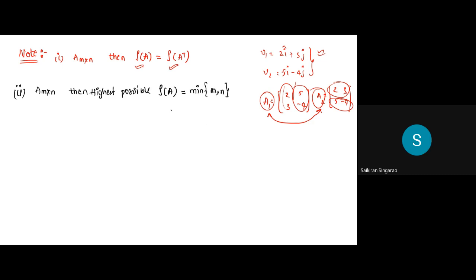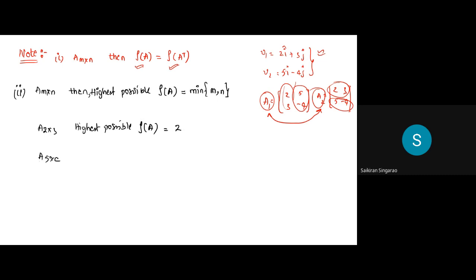If A is a 2 cross 3 matrix, what is the highest possible rank of A? 2. Why? Because of 2 and 3, 2 is the minimum. So only 2 cross 2 matrices can be formed. So the highest possible rank is 2.